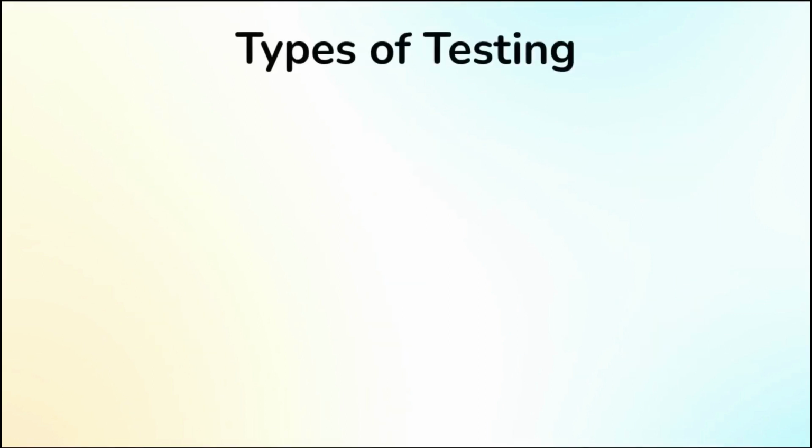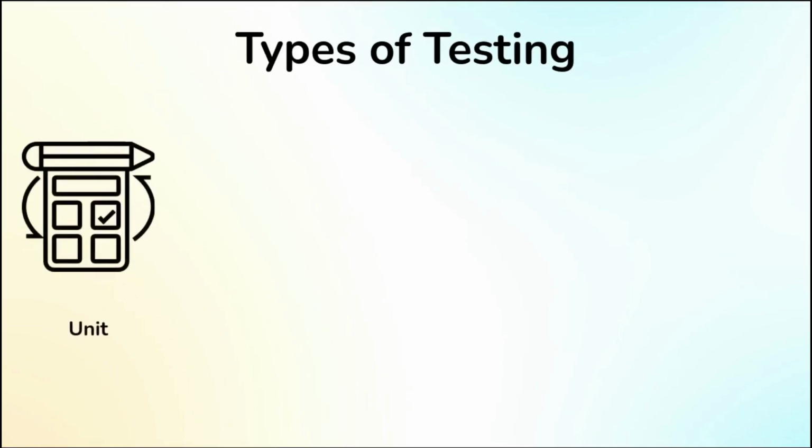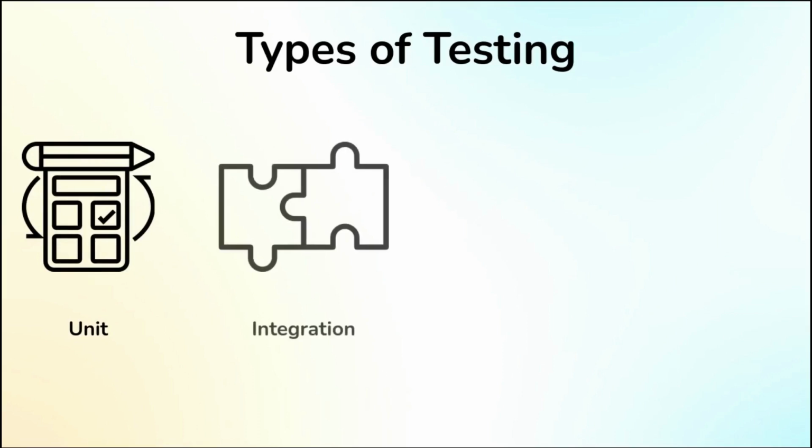Let's introduce the types of testing. Unit testing is a software testing method by which individual units of source code, methods, or classes are tested to determine whether they are fit for use. Integration testing is the phase in software testing in which individual software components are combined and tested as a group.